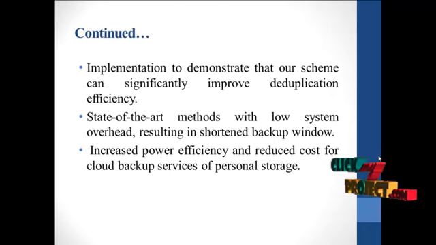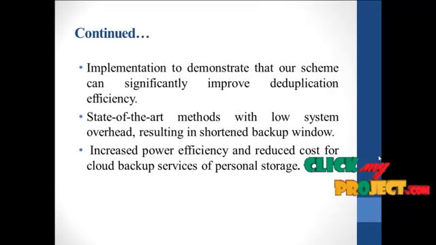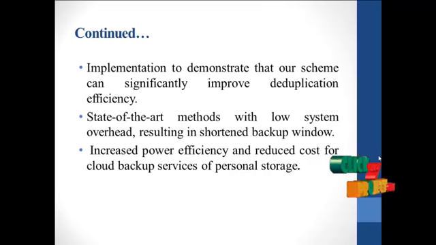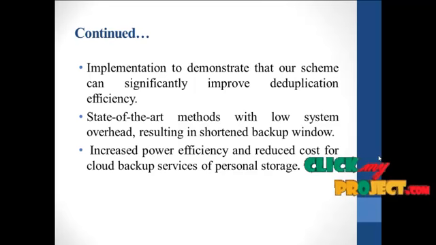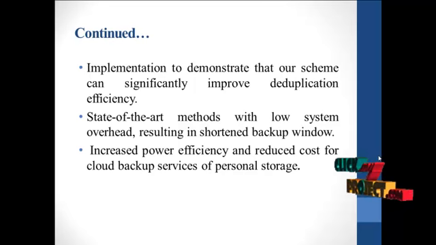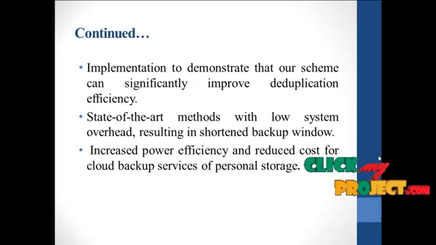Implementation demonstrates that our scheme can significantly improve deduplication efficiency over state-of-the-art methods with low system overhead, resulting in shortened backup window, increased power efficiency and reduced cost for cloud backup services of personal storage.